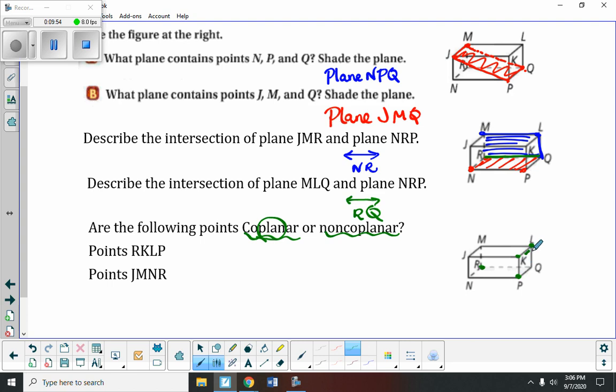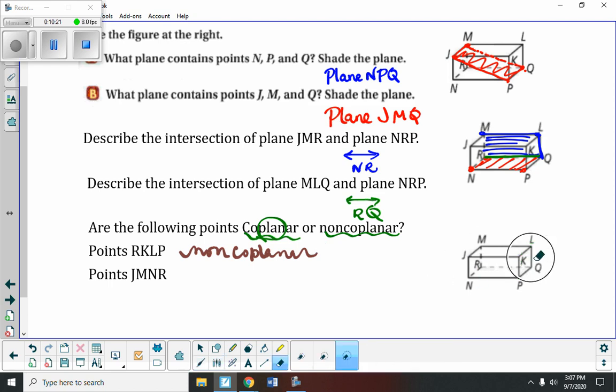Well, this side right here, this is a plane, so these three are all on the same plane. These three are coplanar, but then it doesn't include that one. And if you have this point and this point and this point, you could go diagonally through and touch all three of those. So we would say that these are non-coplanar. They're not all on the same plane.